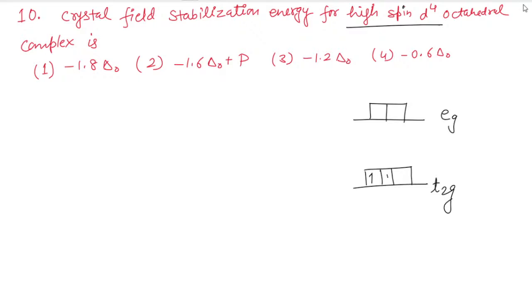D4 high spin means maximum unpaired electrons. Same from barycenter, it is plus 3 by 5 delta O, minus 2 by 5 delta O. No paired electrons, so P is not there, okay.